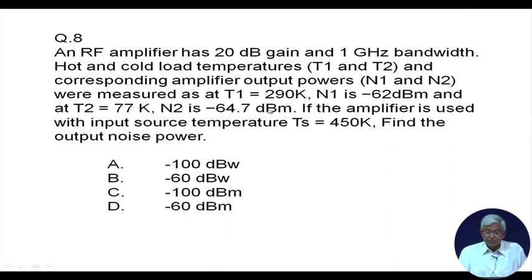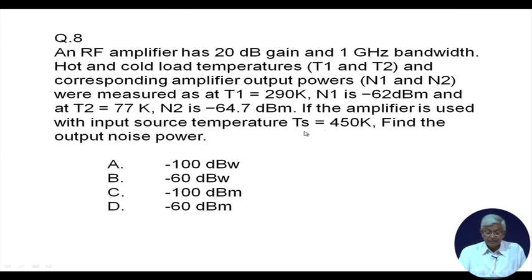Now, with this type of measurement you can find out the noise temperature of the RF amplifier. Then if that RF amplifier is given 450 K as an input temperature, what is the output noise power?